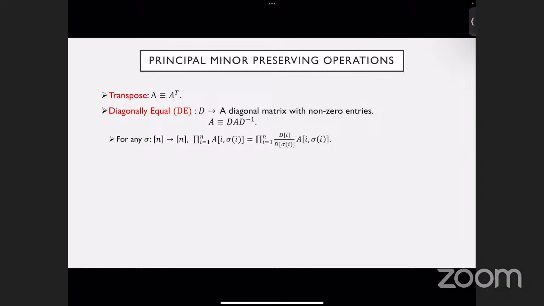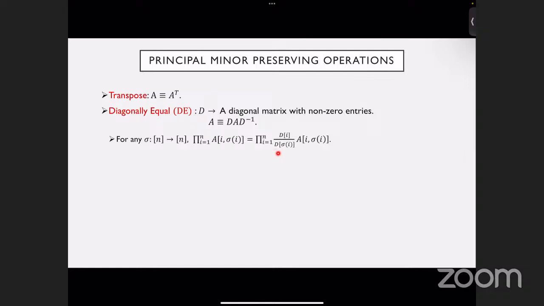So here is why this matrix A and D A times D inverse have the same principal minors. Consider any permutation from the set of integers 1 to n to the set of integers 1 to n. The term corresponding to this permutation for matrix A will be this, and the term corresponding to this permutation for the other matrix D A D inverse will be this, and this part is the same for both matrices.